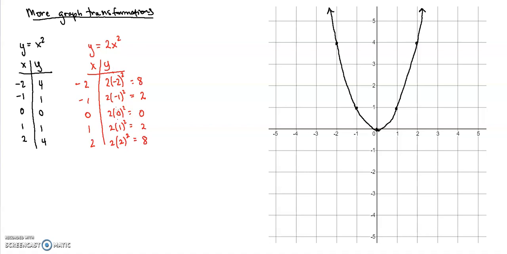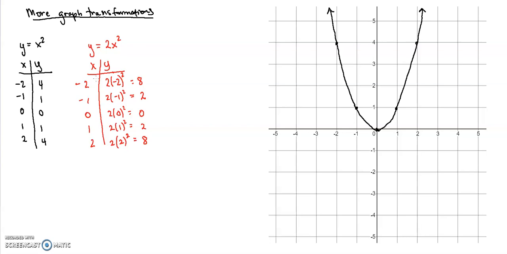And again, we could look at a huge table of values and we would see that all of our y values have doubled. Okay, so take your quadratic picture, pretend that you stamp it on Silly Putty or Play-Doh or something like that, and then you're going to double all of your y values. We only have positive ones here, but if we had negative ones, they would double as well. Think about what that would do to your picture.